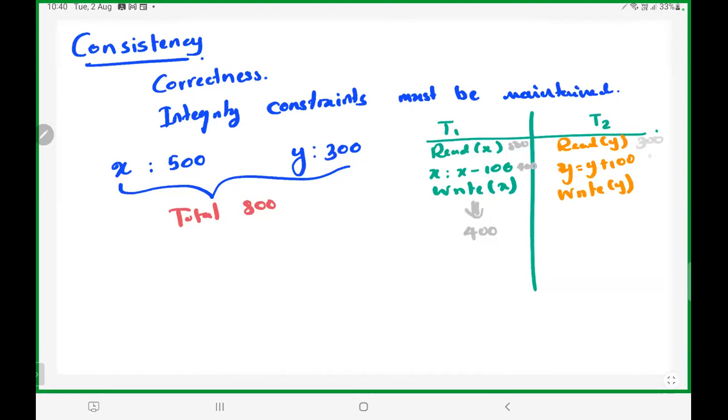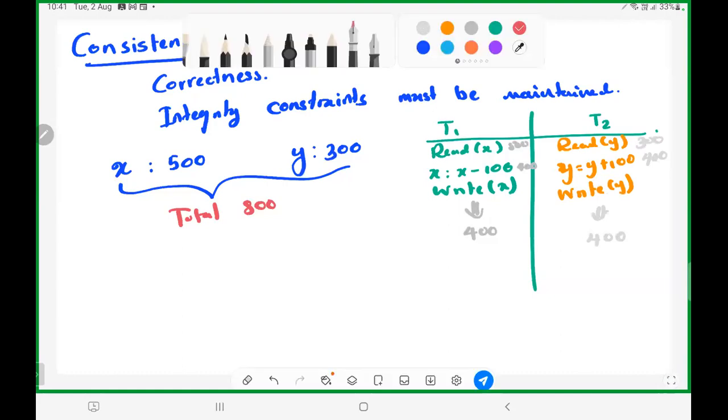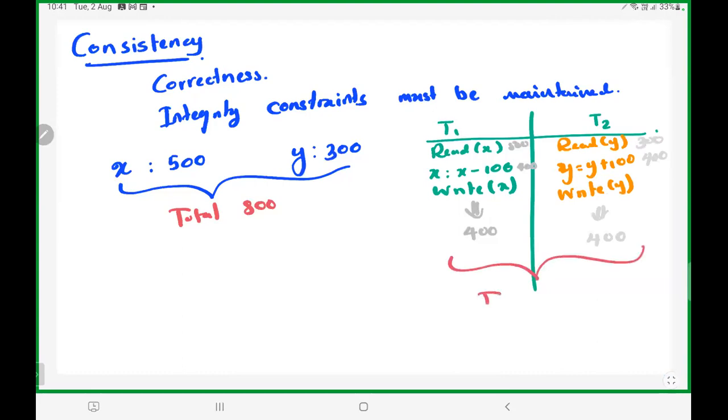After adding 100, it will be 400. Then the output will be 400. After the transaction, you can see the total is 800. Both totals are the same. Correct. The transaction is correct.